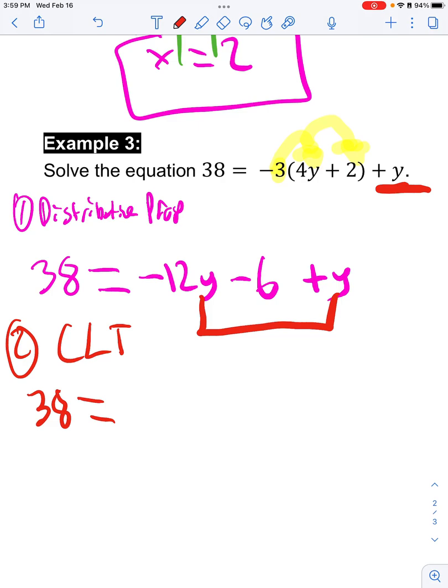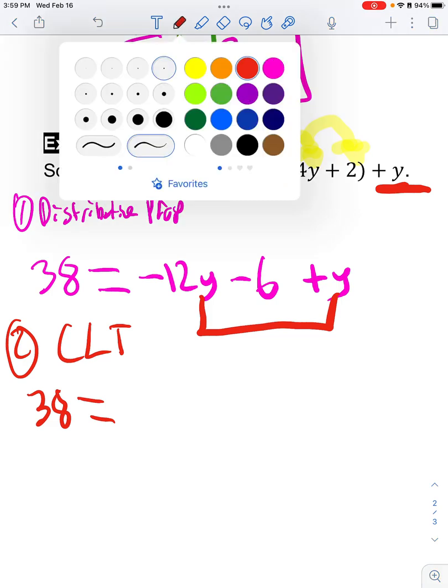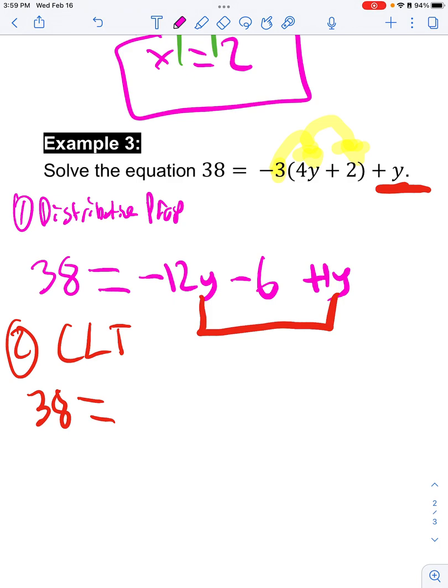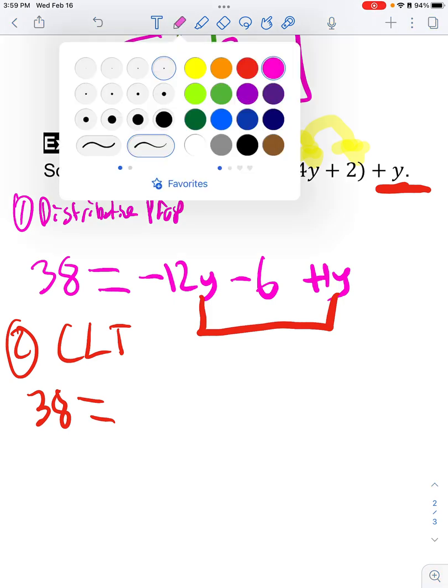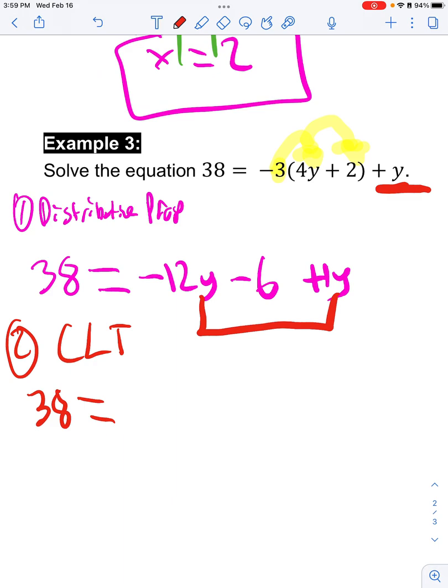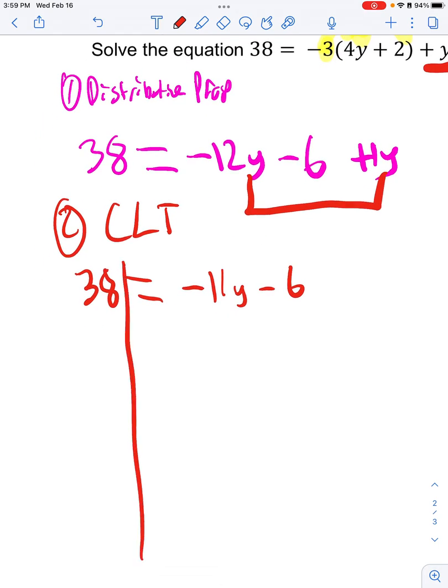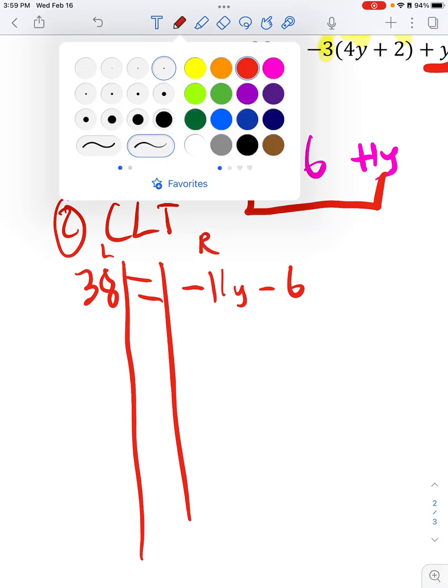And I see that I've got like terms here and here. So I still have 38, but I need to combine negative 12y plus, remember, if there's no number out front, it's like a 1. So negative 12 plus 1 is negative 11y.